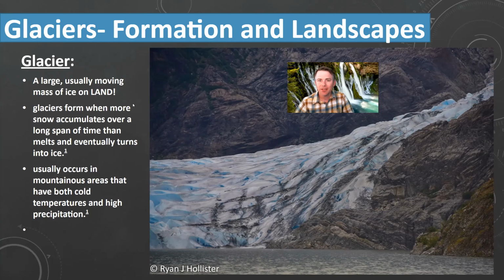Just to put the basics in the back of your brain here, in order to make a big moving river of ice, you need more snow to fall each year, so that it accumulates and packs down, than the amount of snow that melts each year.